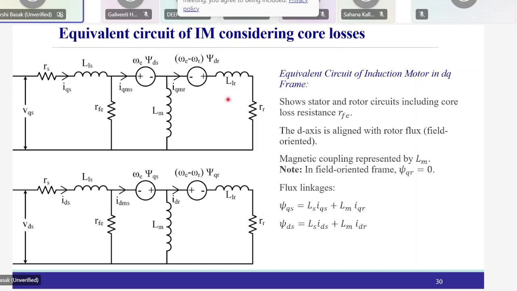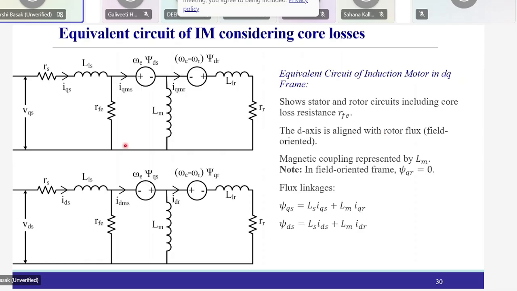These expressions are there: LLR, RR, IQMR, IQMS. Then you have VDS, corresponding to the D axis, and this corresponds to the Q axis. Here psi QR equals 0, so the D axis is aligned with the rotor flux, and we are going for a rotor flux oriented reference frame.